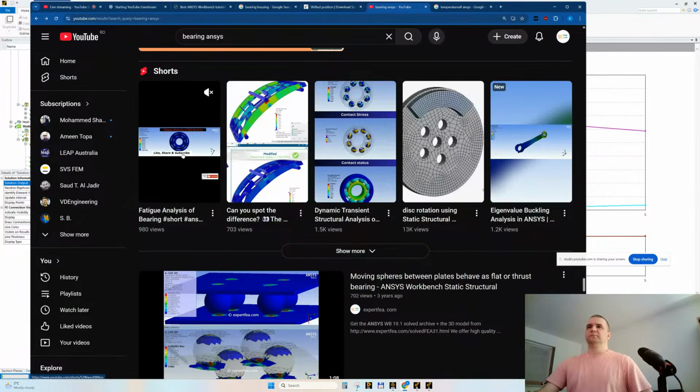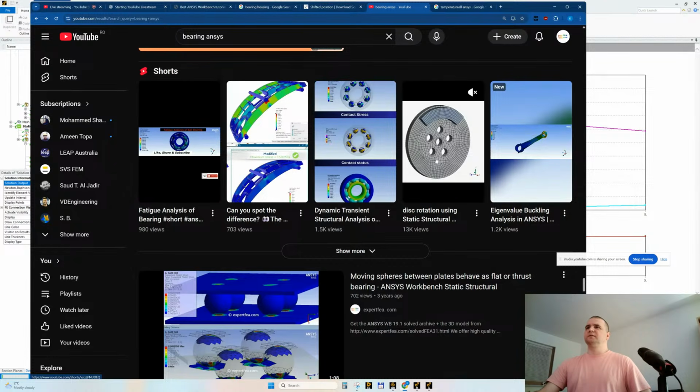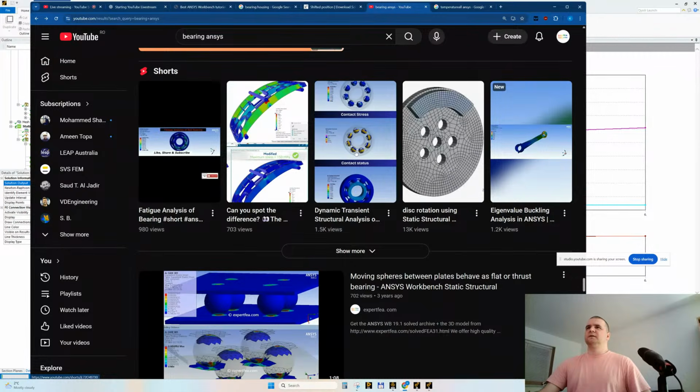Because it gives no value. Look here, a bearing that does not move, it does not do anything. Disk rotation using structure, it rotates the disk, but nothing happens here. This is a nice try.